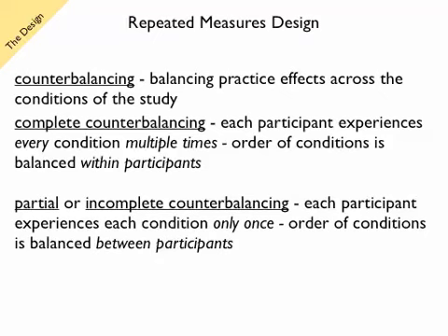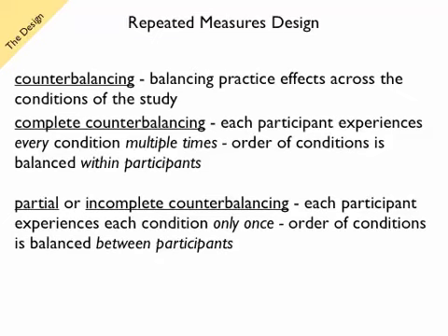So a single individual experiences all the conditions of the study many times, and I'll show you 2 examples of that. Or you can do partial or incomplete counterbalancing. This is where each participant experiences each condition just one time, and the order of conditions is balanced between participants. So different groups of participants, even though each one gets measured more than one time, right? It's the order that's balanced between the participants.